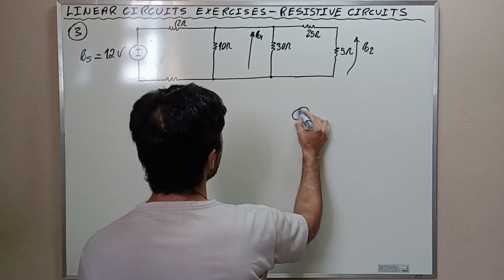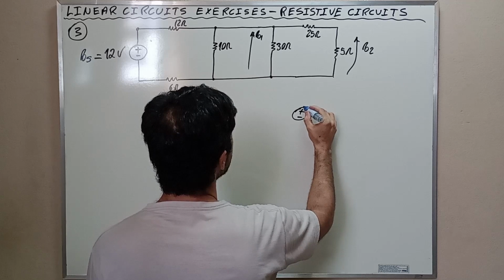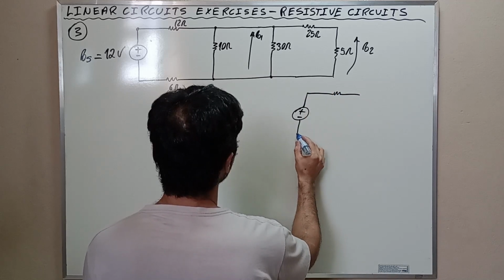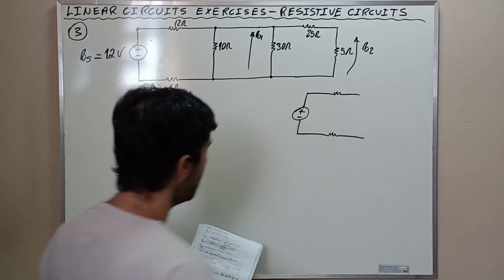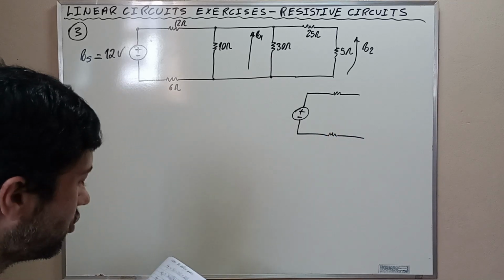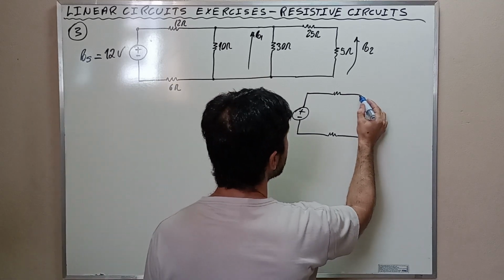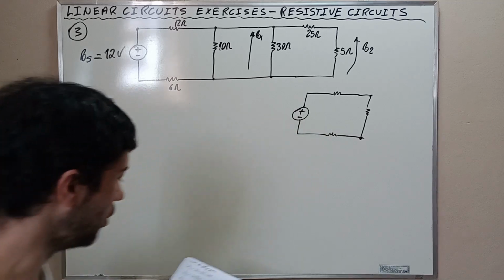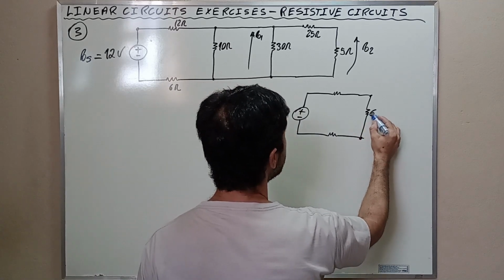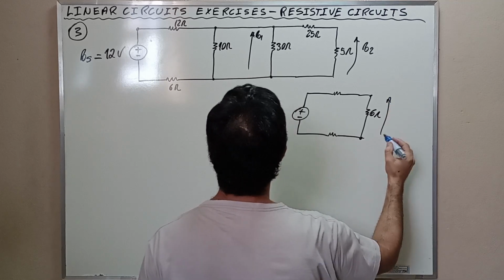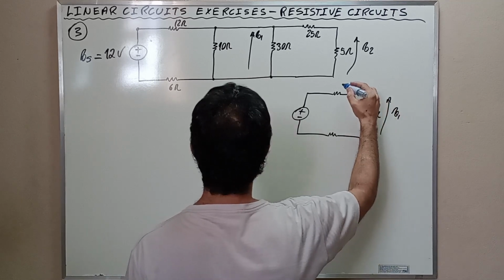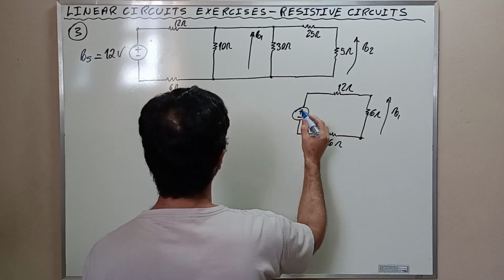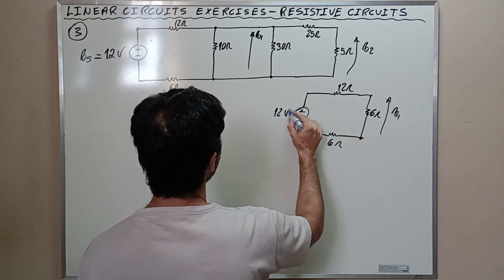I have here the voltage source, there 12 ohms, here 6 ohms, and the equivalent resistance that we just found, which is 6 ohms. This is V1, and this is the voltage of the source, 12 volts.